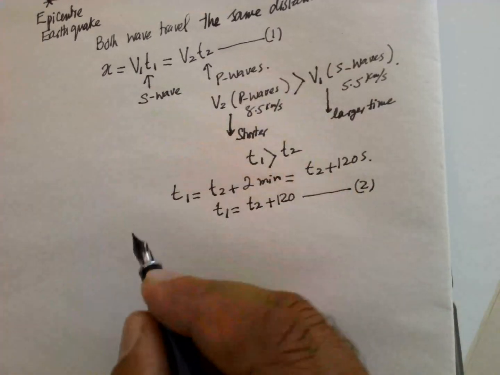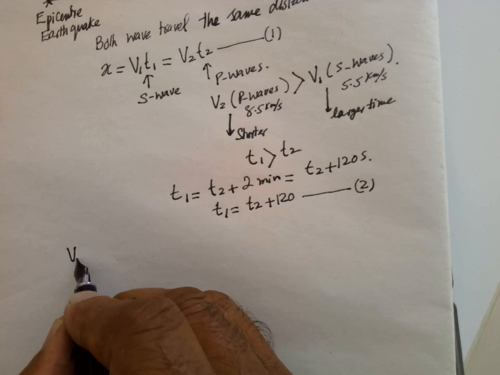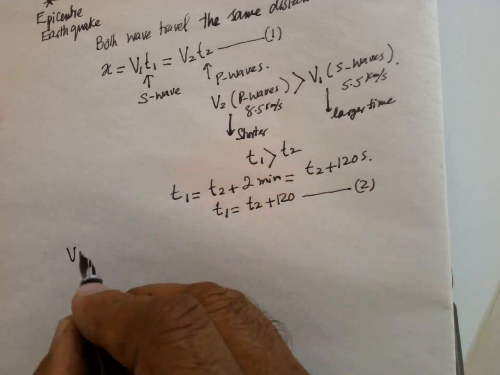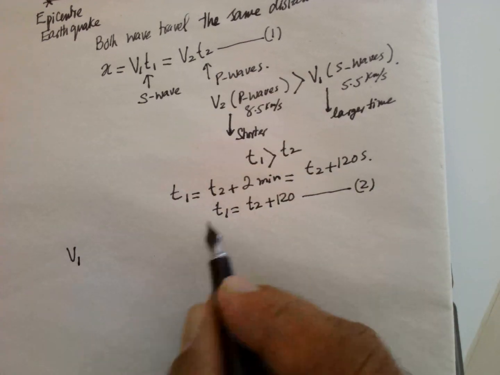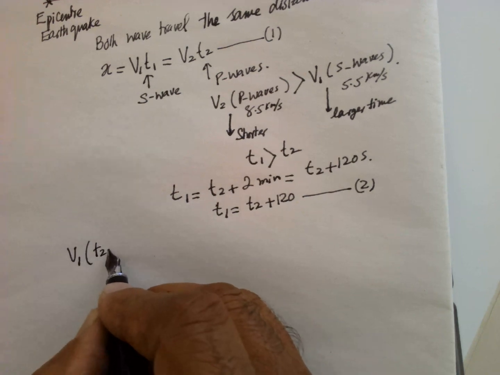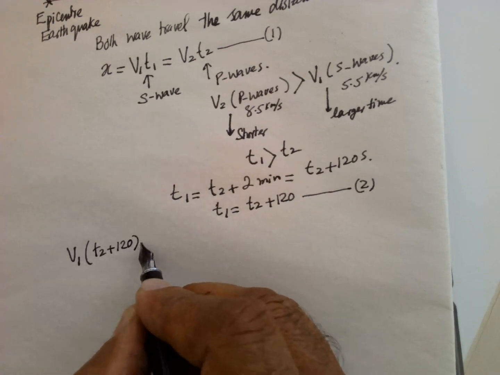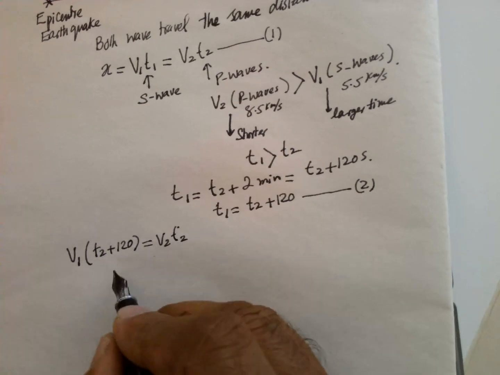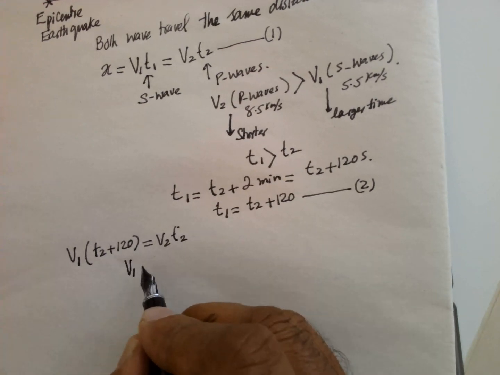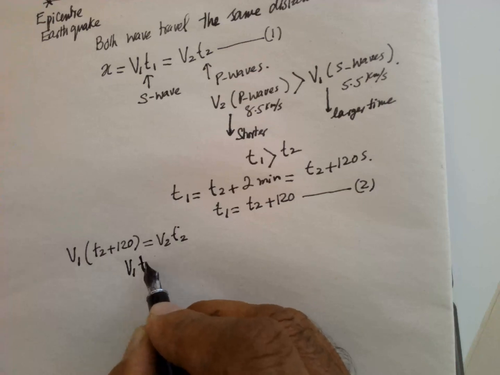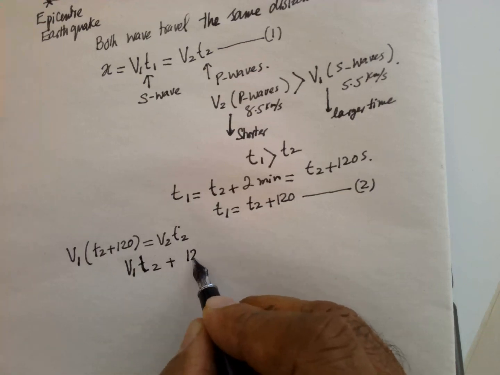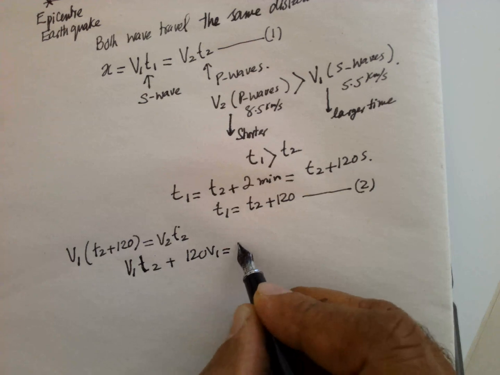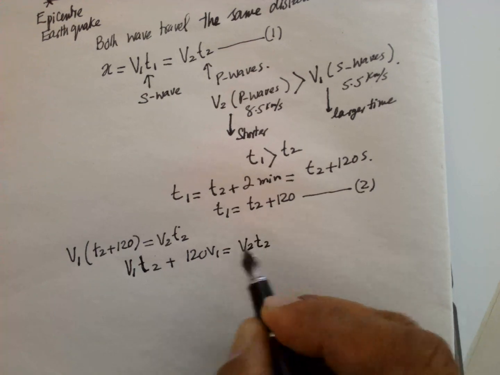If you substitute this into equation 1, V1 times (T2 plus 120) is equal to V2 T2. So simplify this one: V1 T2 plus 120 V1 is equal to V2 T2.